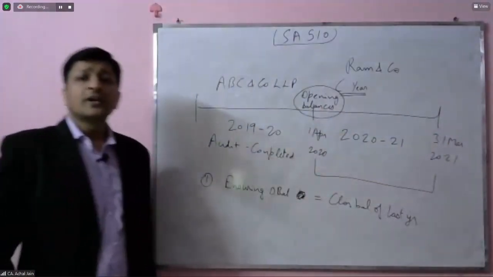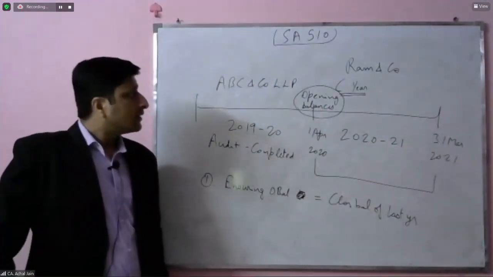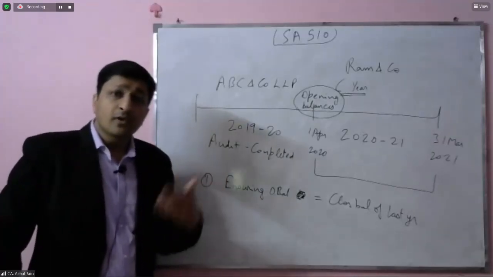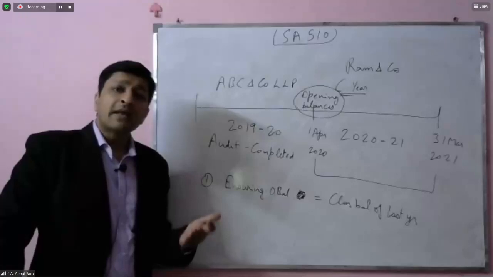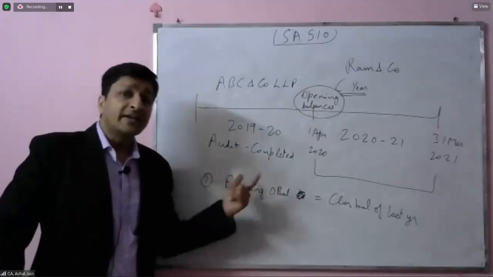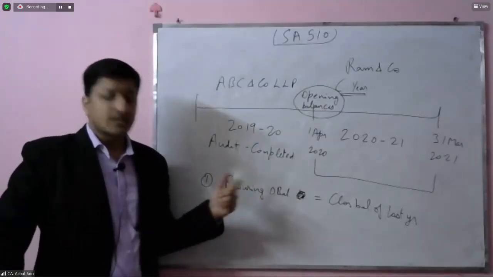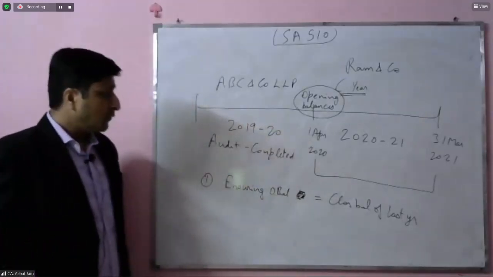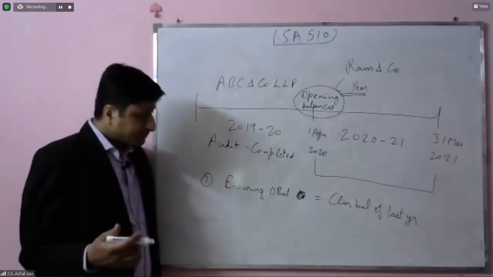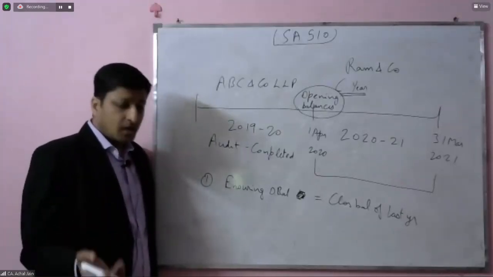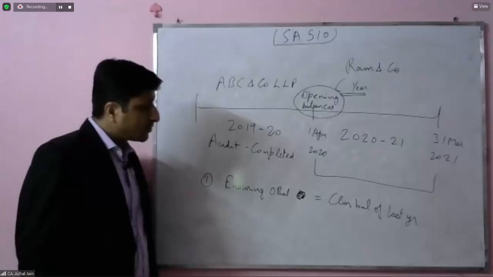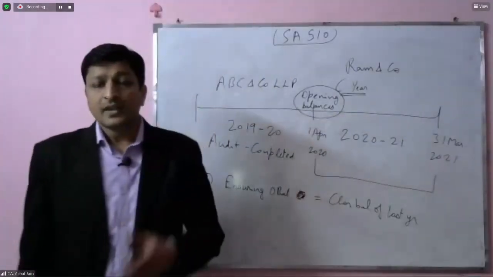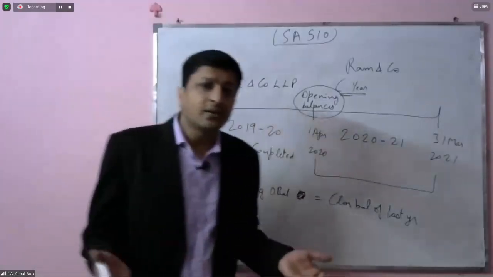Whenever an auditor starts the audit, the auditor would always tick the opening balances with the final balances of the last year, meaning the closing balances of the last year. Always. Why? Because that becomes the basis. And it is important on the part of the auditor to make sure whether the same closing balances have been moved forward or not. If that is not done, then it will lead to an error.